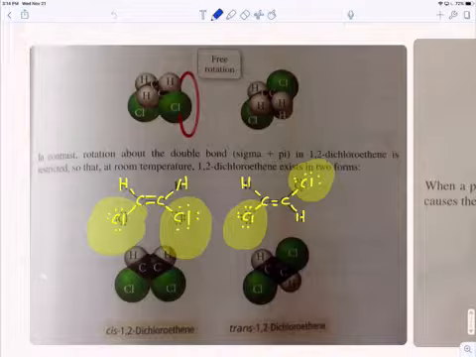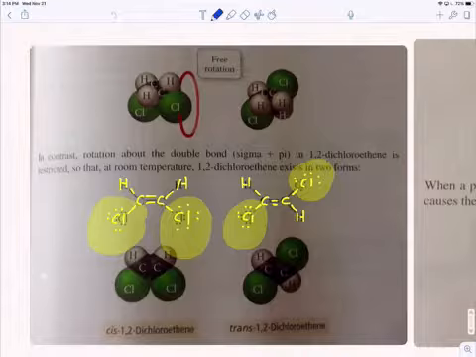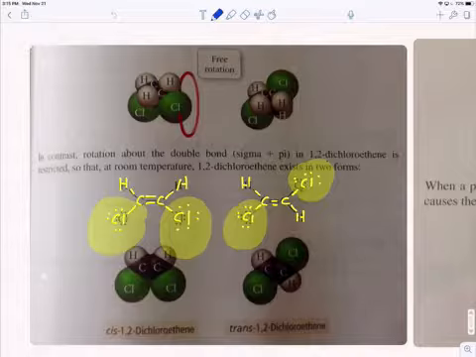But if you have a double bond here, remember we talked about cis and trans? So this one here is cis 1,2-dichloroethene, and this is trans. Cis is same side, trans is opposite side. So these are 2 separate molecules, and this one is polar, this one is nonpolar.